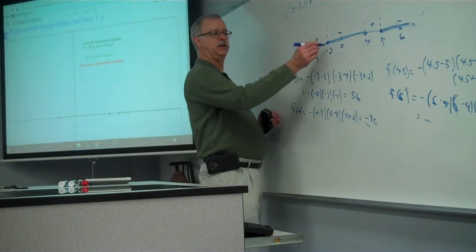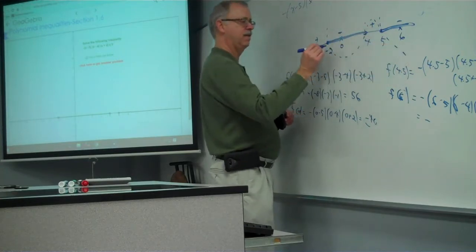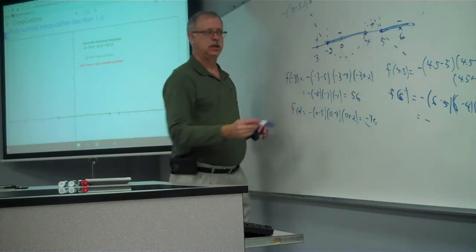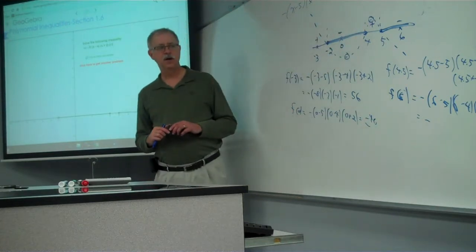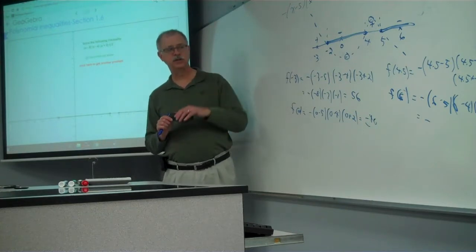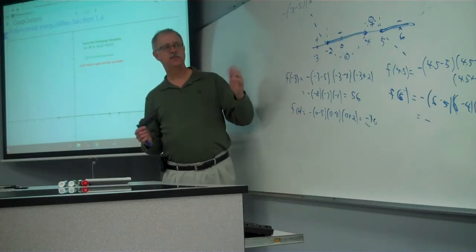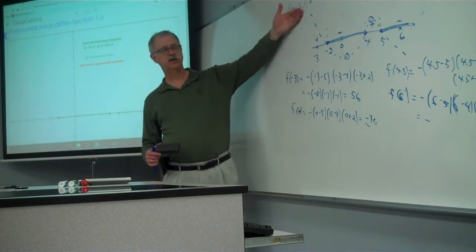So the graph looks something like this. We will return to this question later on in the course. Can we figure out exactly where those peaks and valleys are? We will develop ways to do that, but for now we're just trying to figure out where are we above the axis, where are we below? Where is this expression positive?